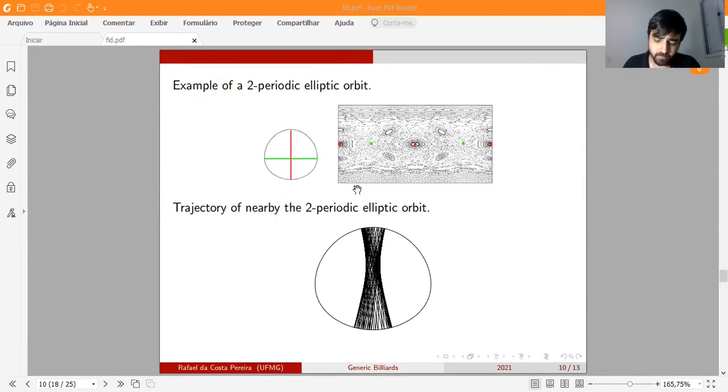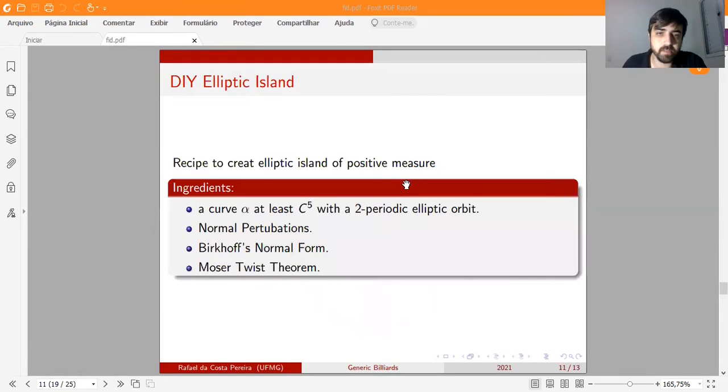We show that if you have a periodic elliptic orbit of period two, which we call an elliptic diameter, you can perturb it and obtain a billiard that has a periodic elliptic orbit with an island of positive measure. Sorry. Okay. So how do we create these elliptic islands of positive measure?